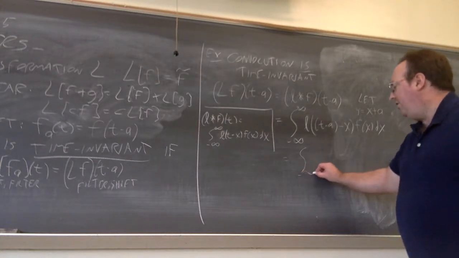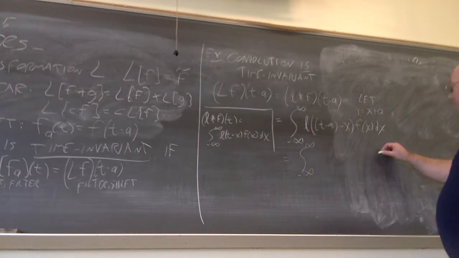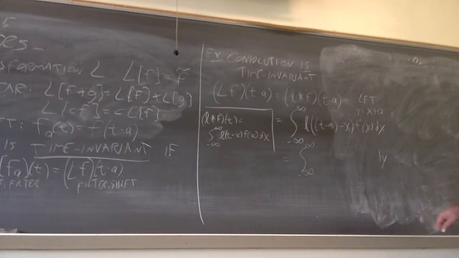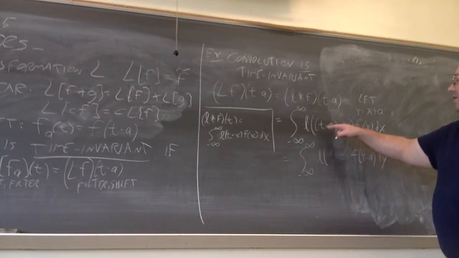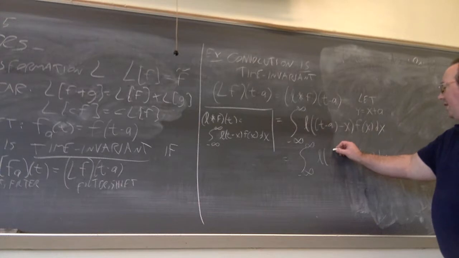So much of this stays the same: minus infinity to infinity, and I still have dy out here. And this is going to be f of, well, y is x plus a, so x is equal to y minus a. And then I have L of t minus y.